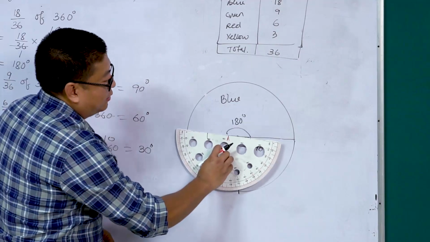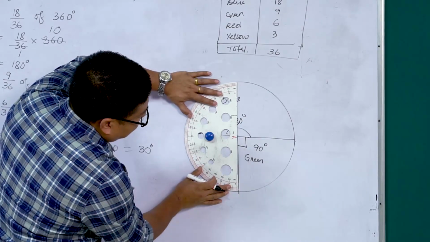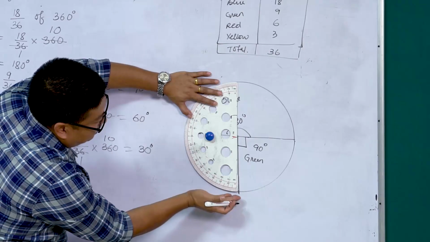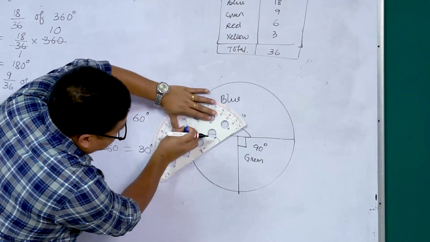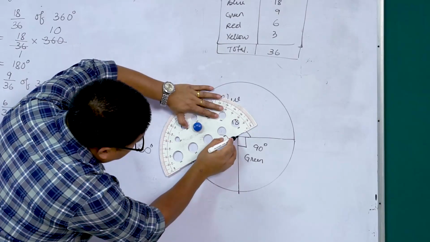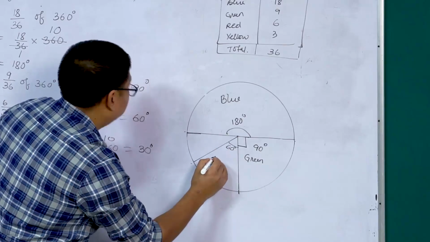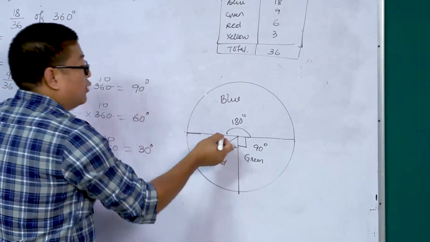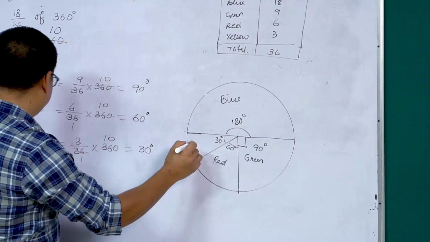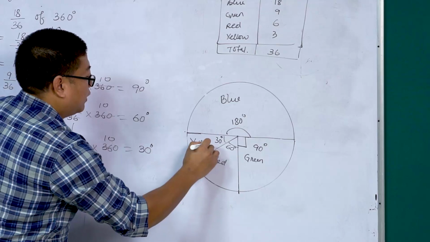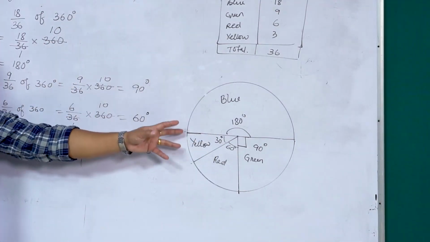Now you can either do it like this or do it like this. I will keep it like this and measure from 0 to 60. So this will be 60 degree, which is for red. So the remaining part is nothing but 30 degree, which is for yellow. So this is your pie chart, and this is how you will draw a pie chart.